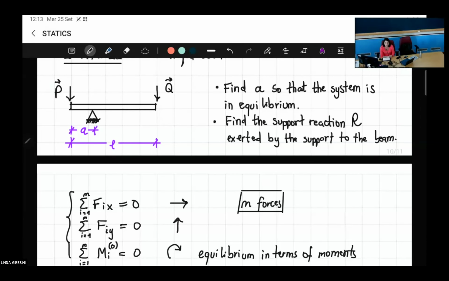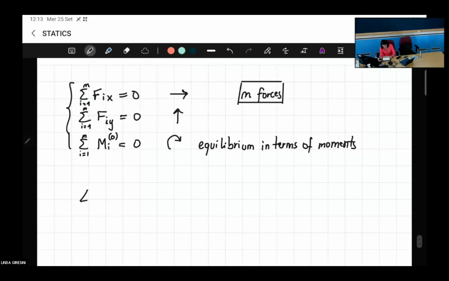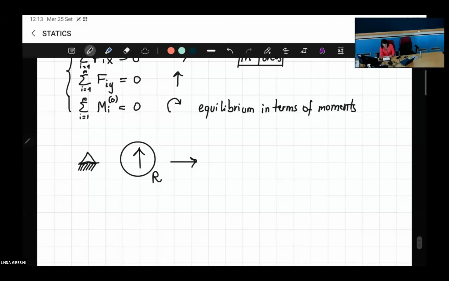Now, probably you still don't know it, but this support actually gives two reactions. One is this one and the other one is this one. But we just consider the vertical reaction, which is R. So R is the force exerted by the support to the beam.